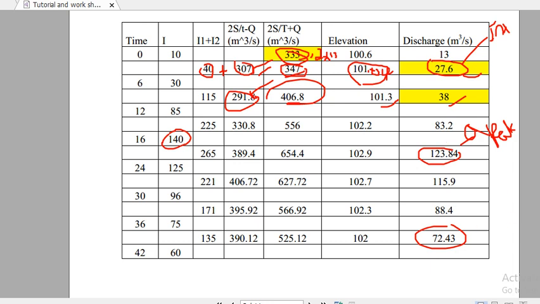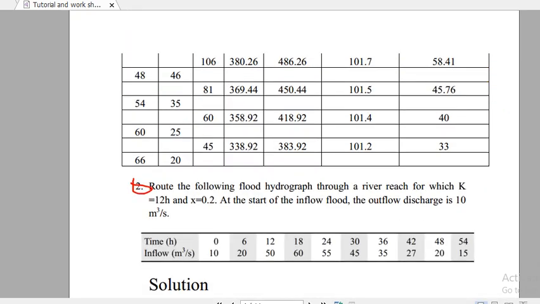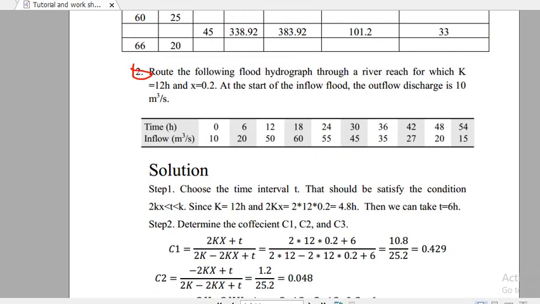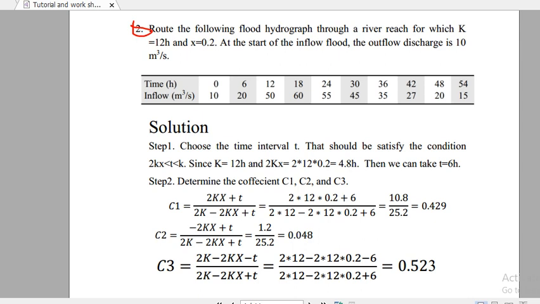When you come to the next example, it is channel routing.